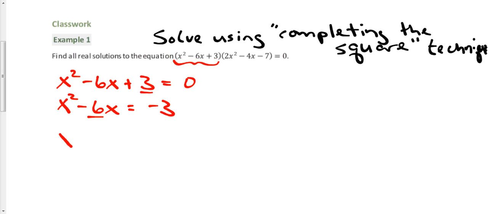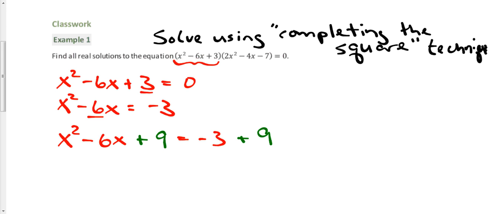So now I've got x squared minus 6x, I'll do this in green, plus 9 equals negative 3 plus 9. So I've added 9 to both sides. How did I find this 9?